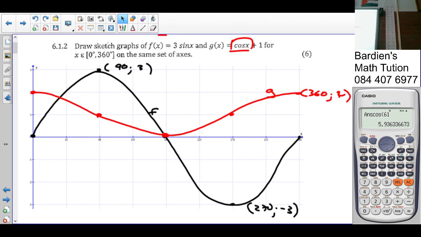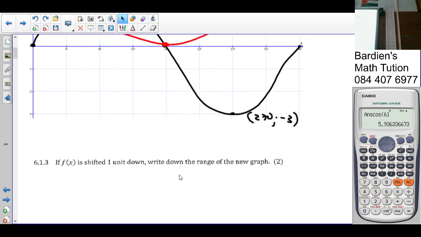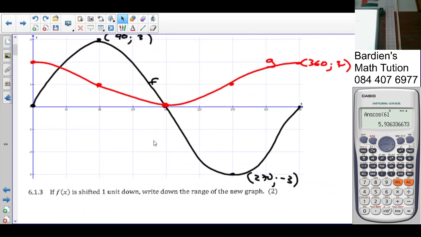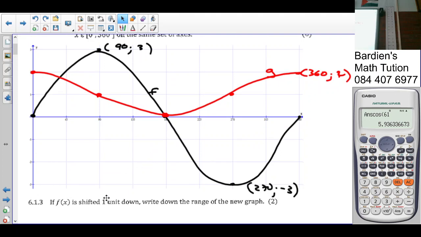Let's look at the next question. It says, if f of x is shifted 1 unit down, f of x is this black graph, no? It's shifted 1 unit down.